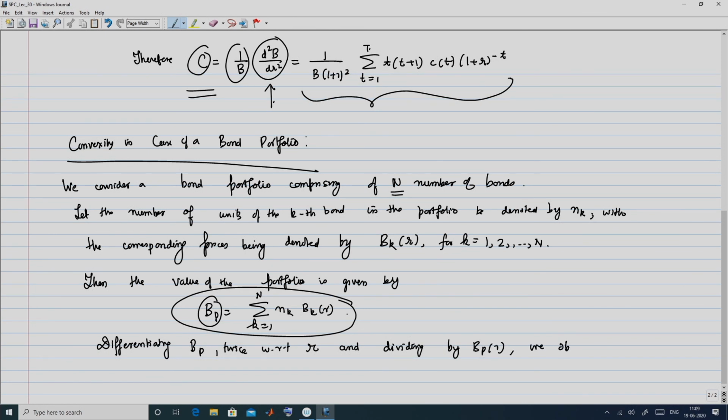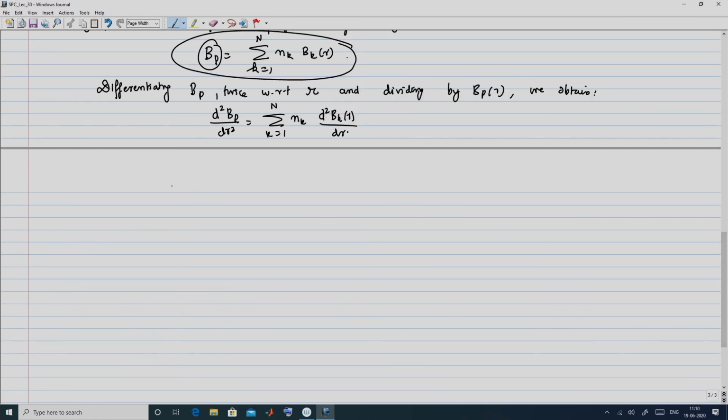We obtain the following: d square B_p over dr square is summation k equal to 1 to capital N of n_k d square B_k(r) over dr square. If I want the definition of convexity, I have to divide by B_p.